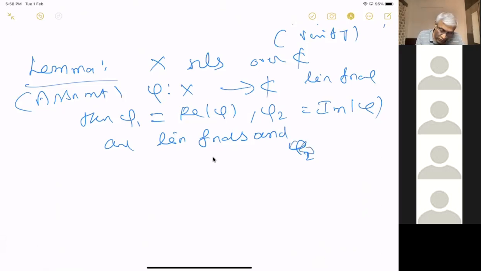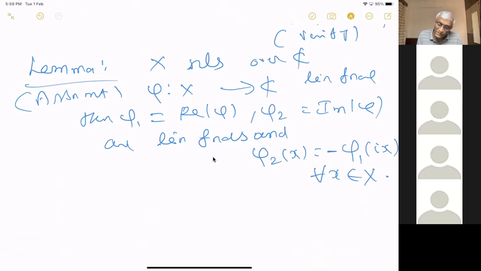So phi2 of x equals minus phi1 of ix, for all x in X. If you have any x, you can multiply by i, and ix is in X. That makes sense. But phi2 and phi1 are just real linear, because you are just taking the real part or imaginary part of a complex linear functional, which is just real linear.